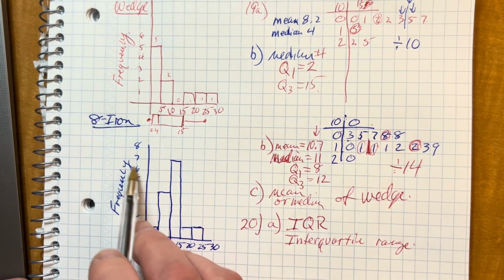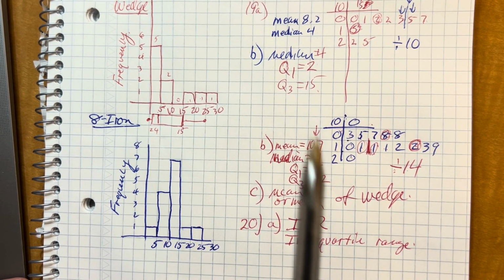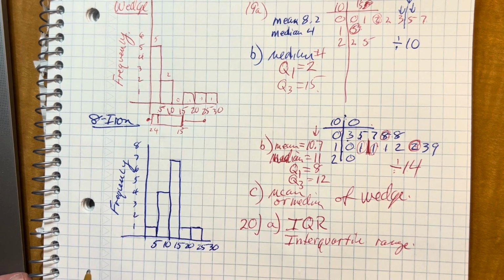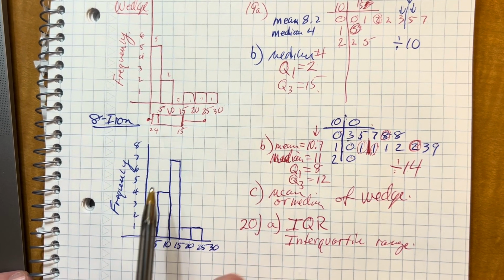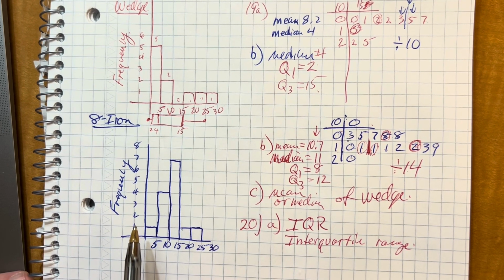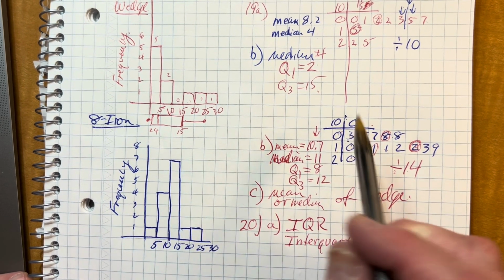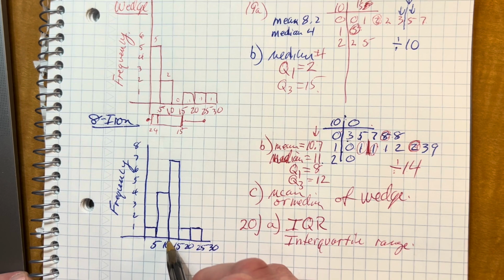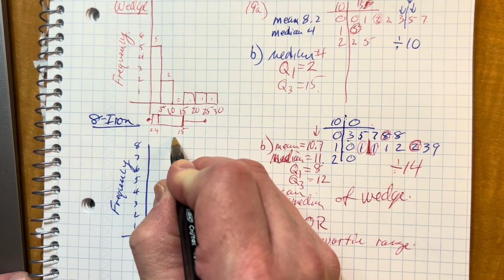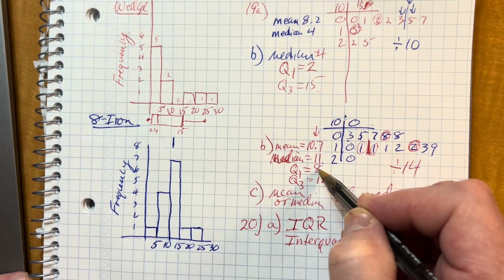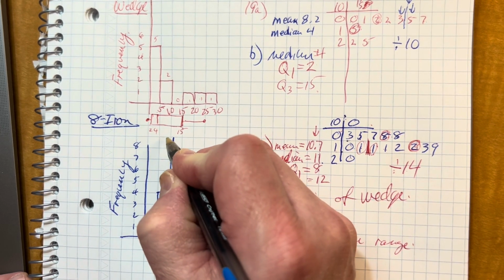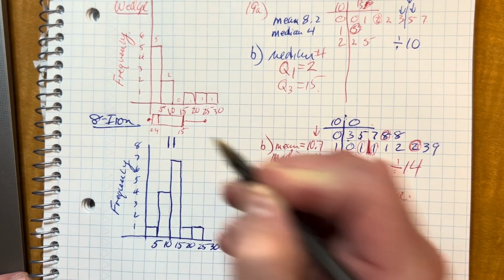Now this one I'm going to do the same thing. For this one, it's even a little different. So let's look at these. Where is my median? It's 11. 11 is going to be right about here. There's my 11. Q1 is 8. 8 gets us about right here.